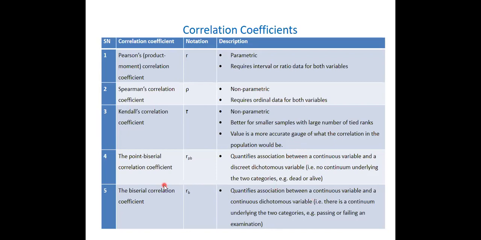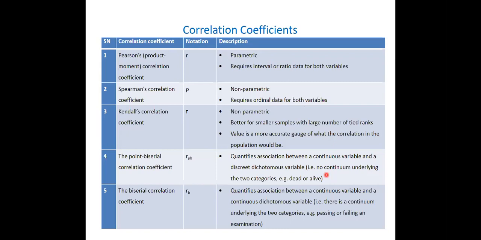There are two interesting correlation coefficients, point biserial and biserial. In point biserial correlation, it quantifies the association between one continuous variable and a discrete dichotomous variable. That is, a dichotomous variable where there is no continuum underlying the two categories, like dead or alive, like male and female.